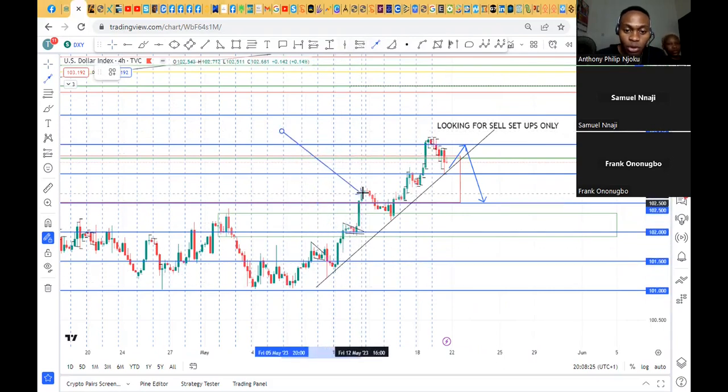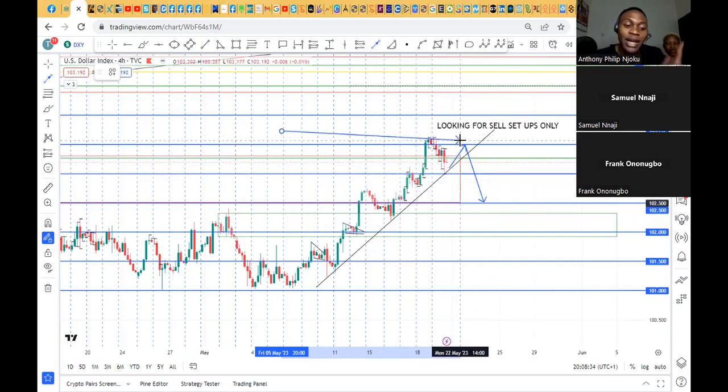Swing low, swing high, swing low, swing high, swing low, swing high, swing low. So we're expecting another swing high. What I'm looking at, I have two buyers, but my main directional is sell. The next wave is sell.